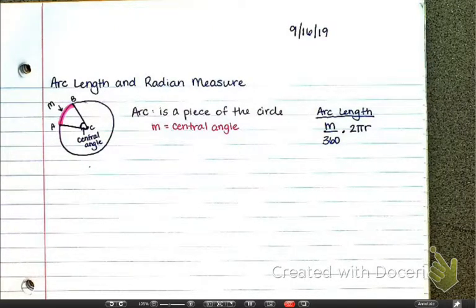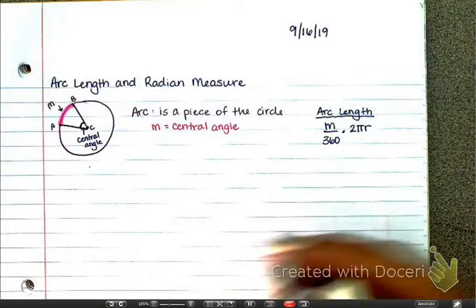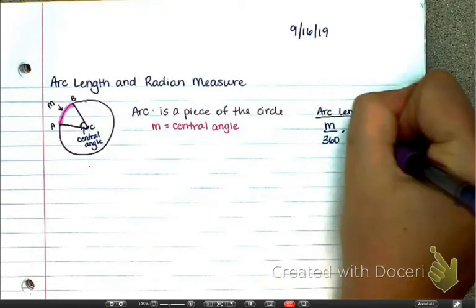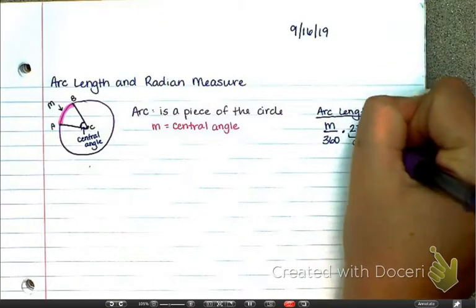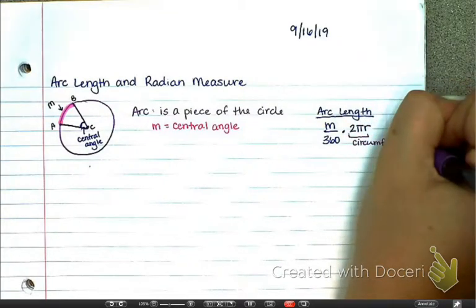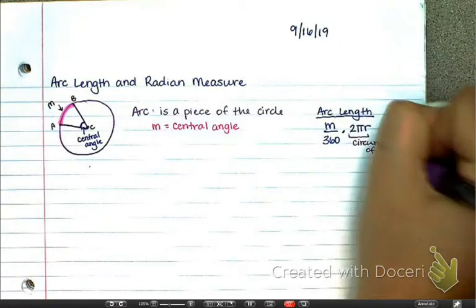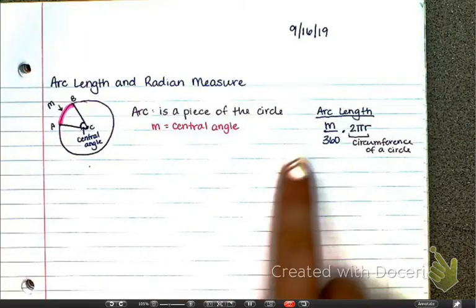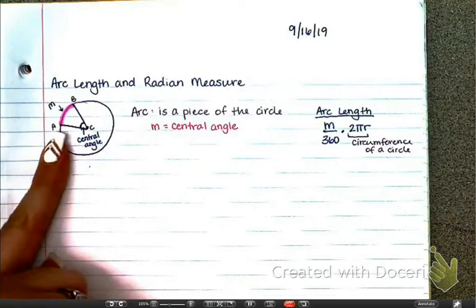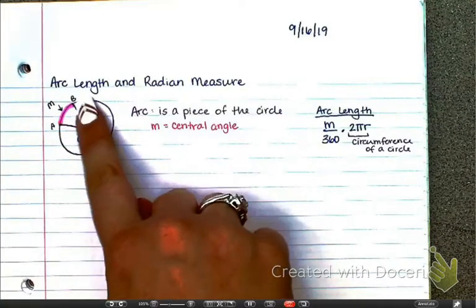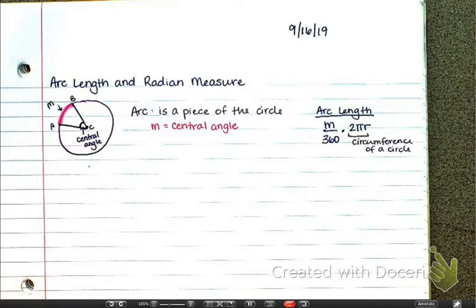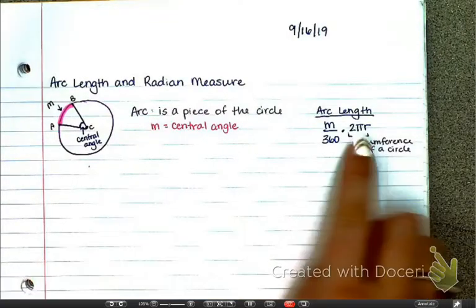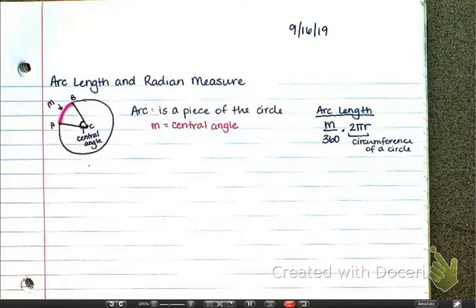Does 2 pi r look familiar? What's 2 pi r? Circumference. So really what this formula is saying is if you find the circumference and multiply it by just the piece that you're looking for, you'll be able to find the arc length. Okay, so we're taking a piece of that circle. Everyone okay with that? Okay.